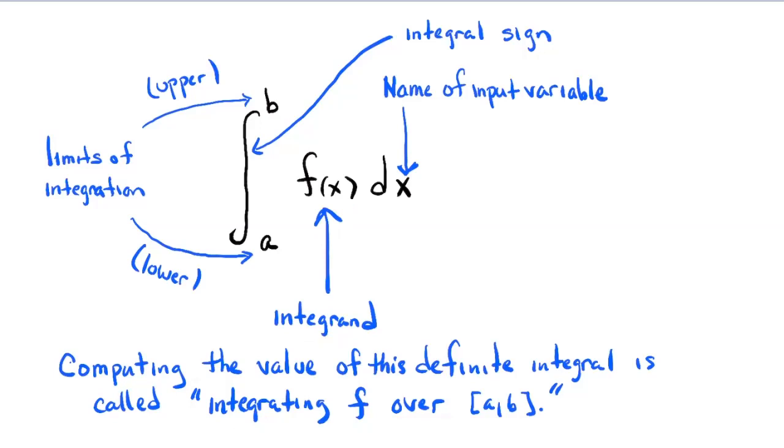Then this piece of the notation, you might recognize it from the linearization section where we were talking about differentials. It's not unrelated. It's not randomly written here, but for right now, at this point in our storyline, it's just playing the role of telling you the name of the independent variable, the input variable. As n goes to infinity, our delta x, our subintervals, become infinitely thin.